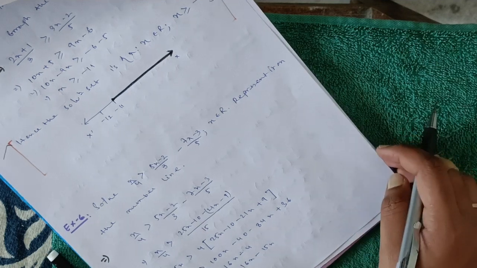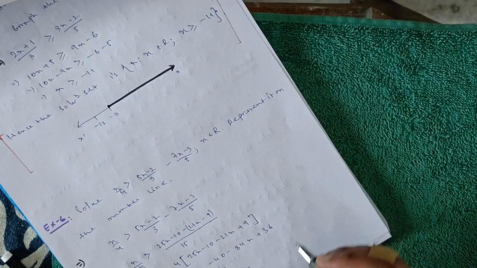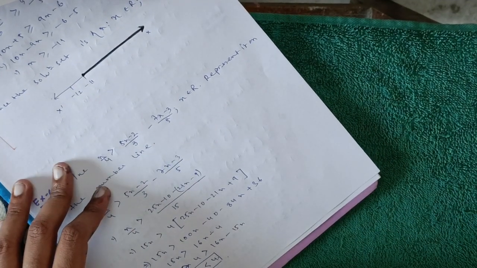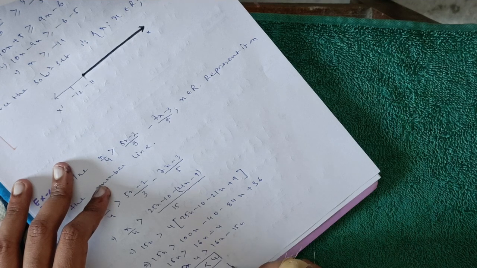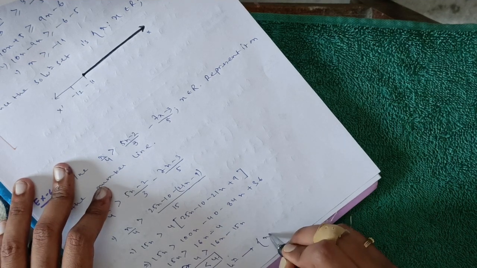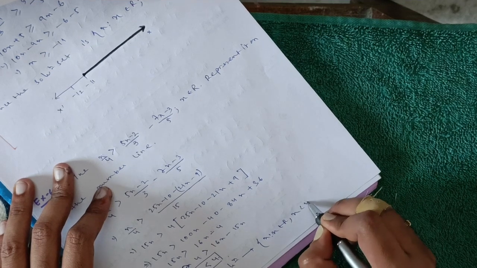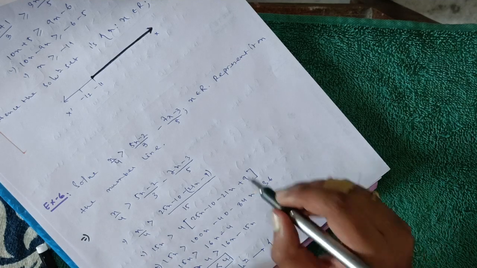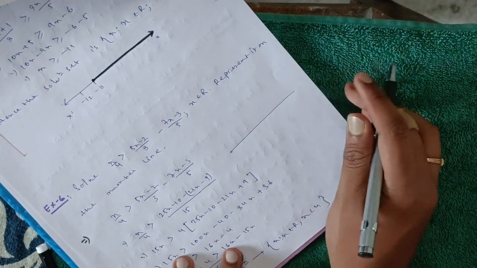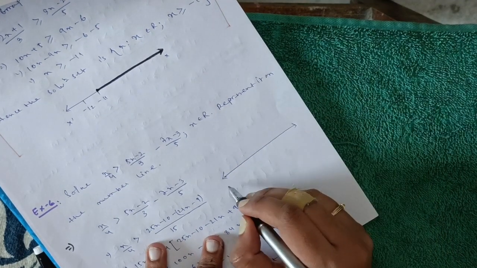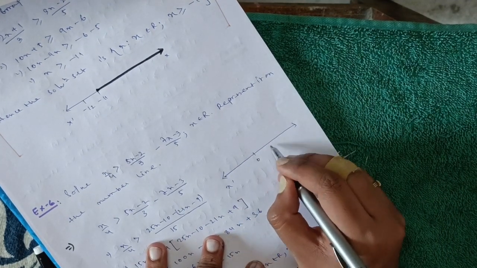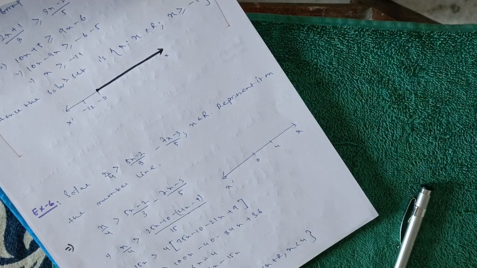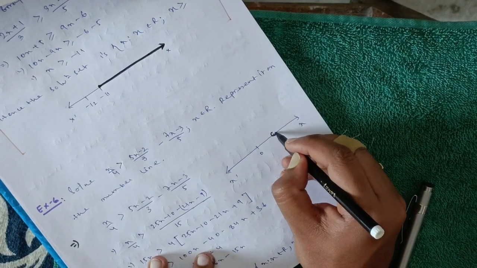Okay, it's not less than or equal to, it's less than 4. So it belongs to R. So hence, therefore, the sample solution will be x such that x belongs to R. This is the sample solution, and here it will be like this.